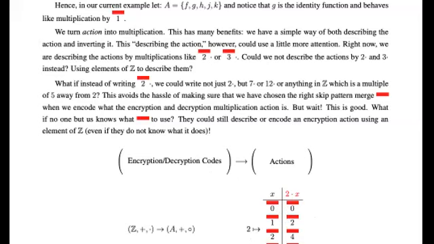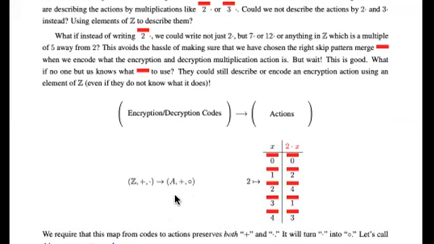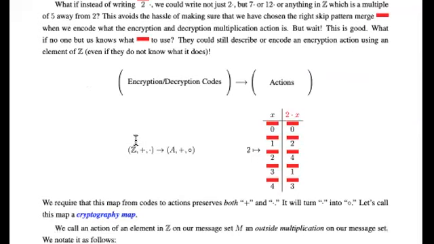Okay, so let's keep going. We have this description from integers going to actions. Now, the function that assigns an action to an integer, in our case, actually preserves the operation of addition, and it turns multiplication into composition.